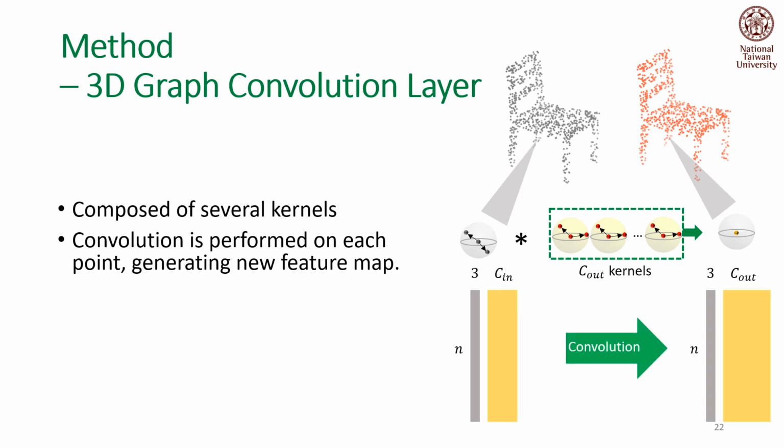By applying the convolution on each point, a new output feature is assigned to every single point in the point cloud. Note that in this illustration, the gray rectangle represents the matrix of point coordinates, and the yellow rectangle represents the feature maps.